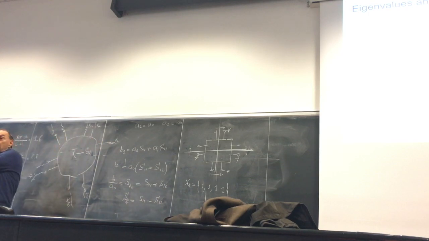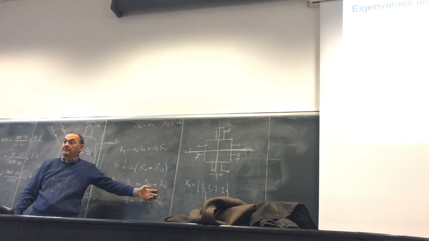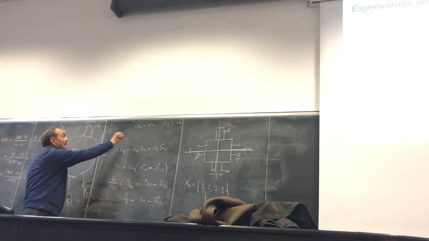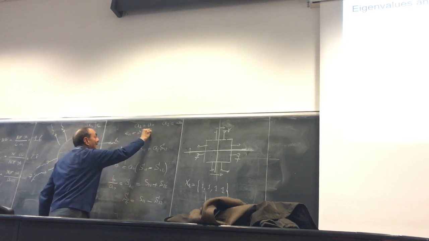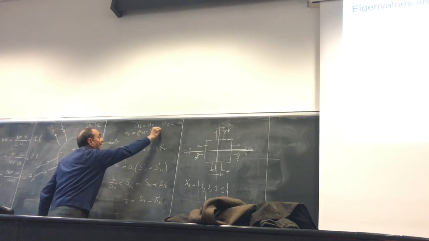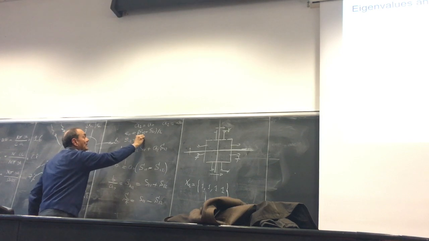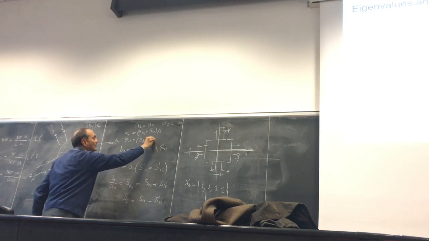Okay? These are the relationships between eigenvalues and scattering matrix elements. From here, I can then get S11 equal to S lambda 1 plus S lambda 2 divided by 2, and S12 equal to S lambda 1 minus S lambda 2 divided by 2.